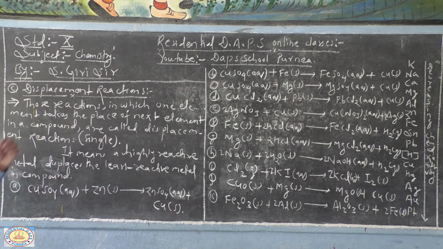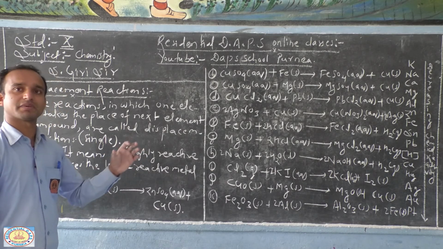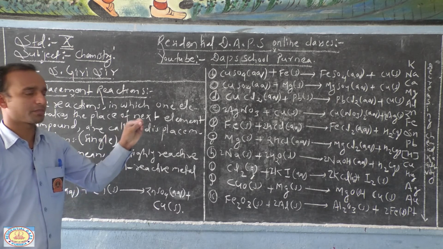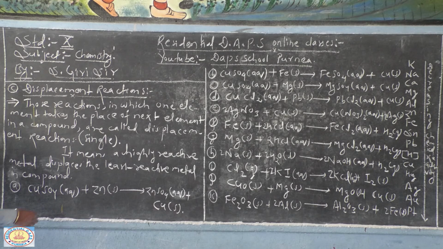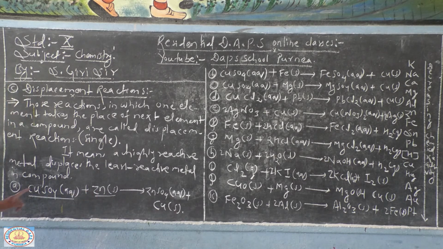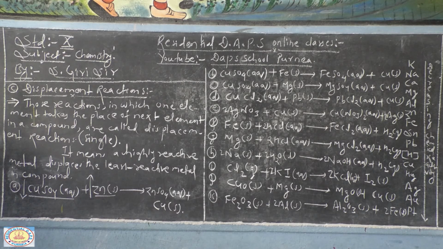Suppose you take a compound and it has a metal, and when you take the next metal, that next metal must be more reactive than the metal present in that compound. Here you can see the example: when you take copper sulfate in aqueous solution and treat the copper sulfate solution with zinc metal, then zinc is more reactive than copper, and copper is less reactive than zinc.